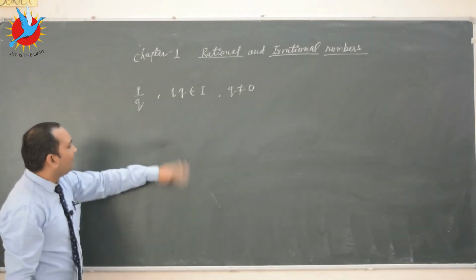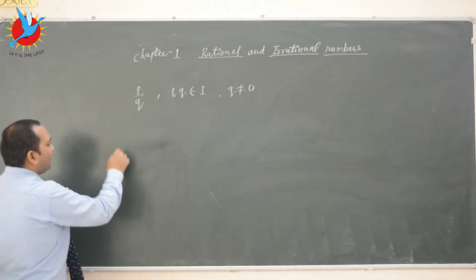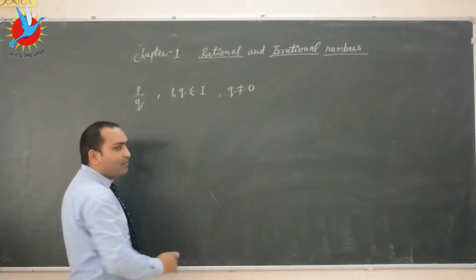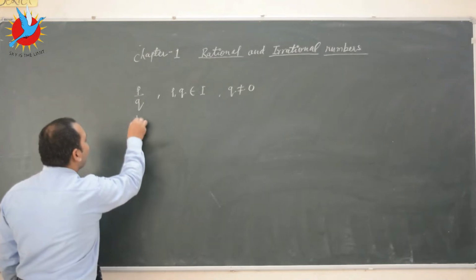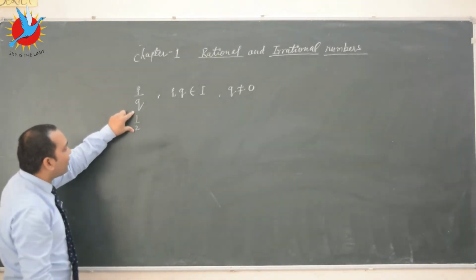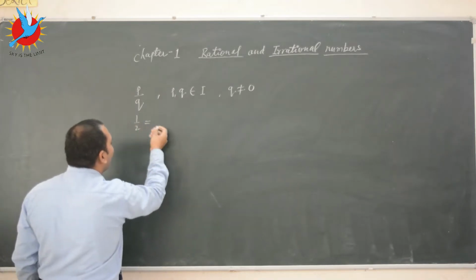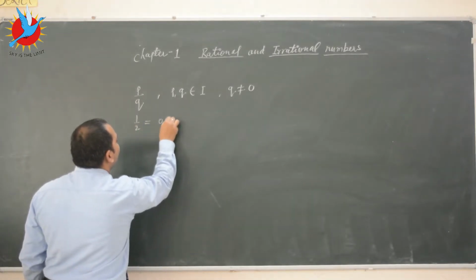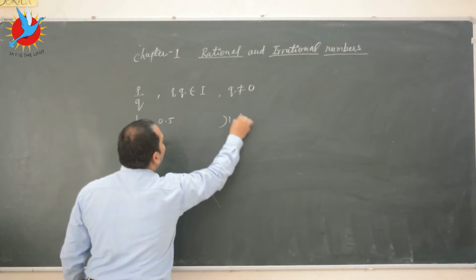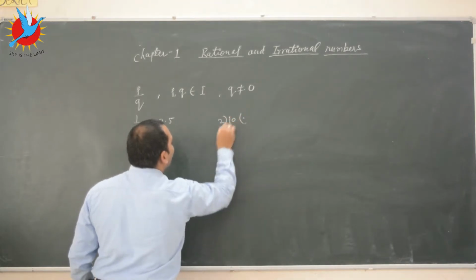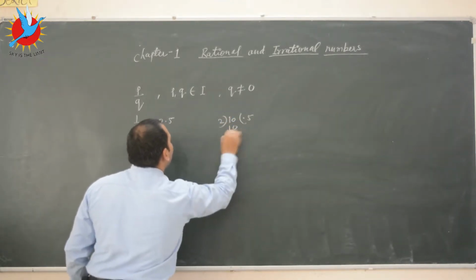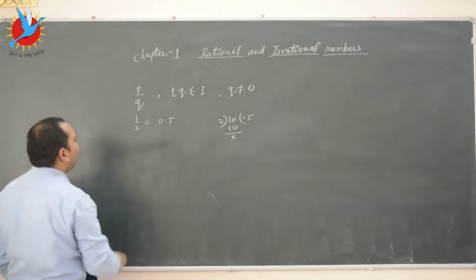We see some rational numbers and convert them into decimal form. Consider 1/2. This is also a rational number. If we express it in decimal form, it is 0.5. 1 divided by 2: point, 0, 2 fives are 10. So this is 0.5.